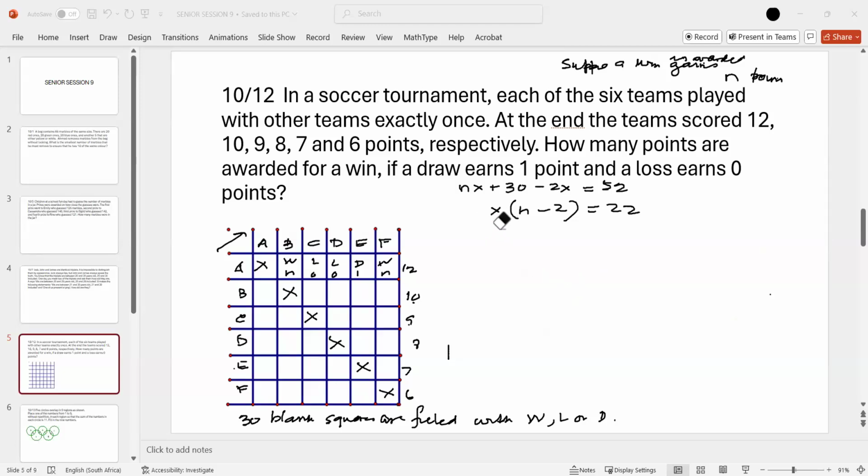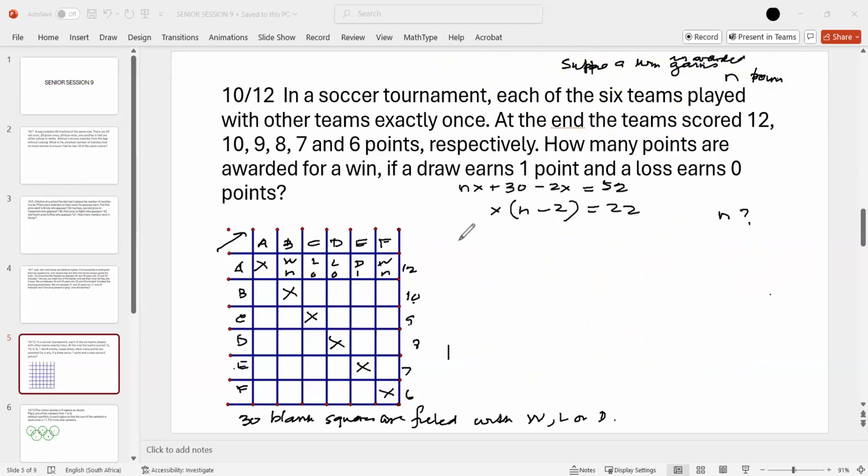Right, so x is the number of wins, and we are looking for the number n. We want to know what is n. And both of them are positive integers. The number of wins x could be 0, but obviously x times something is 22, so x is not 0.